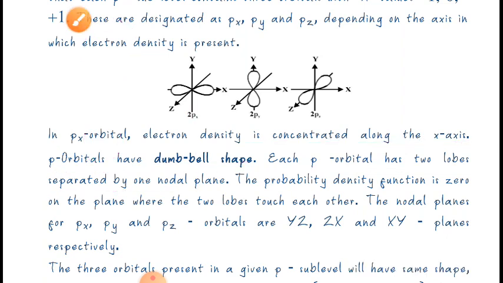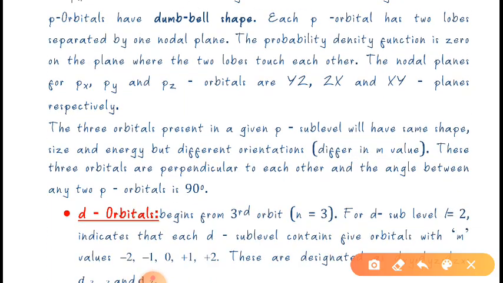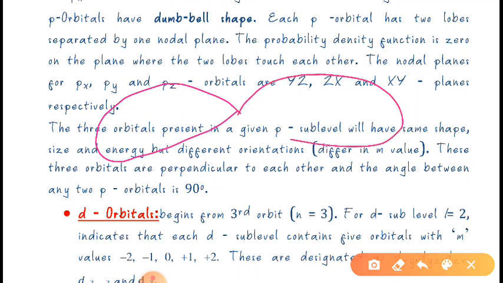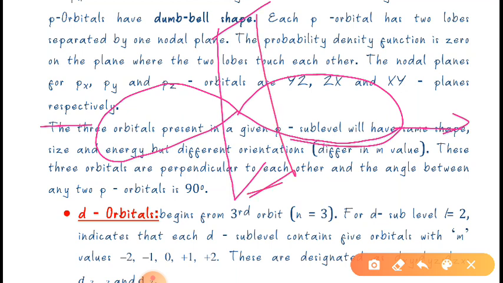Suppose this is our p orbital along the x-axis. So what will be the nodal plane? The nodal plane will be this, which is dividing these two lobes.